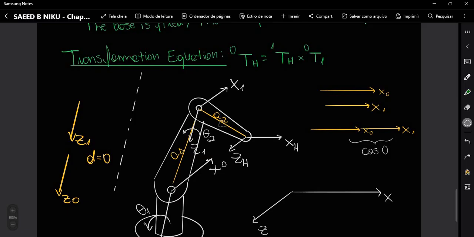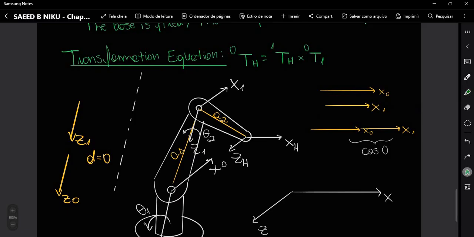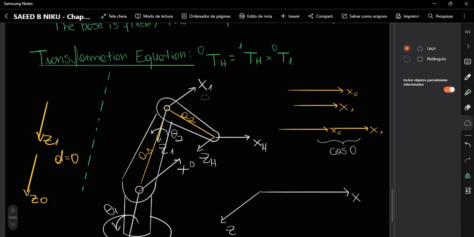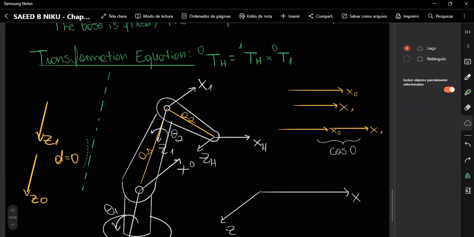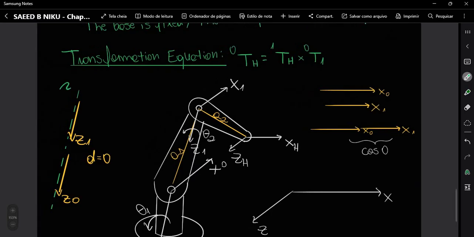Let me change this color, maybe green. So alpha is 0.